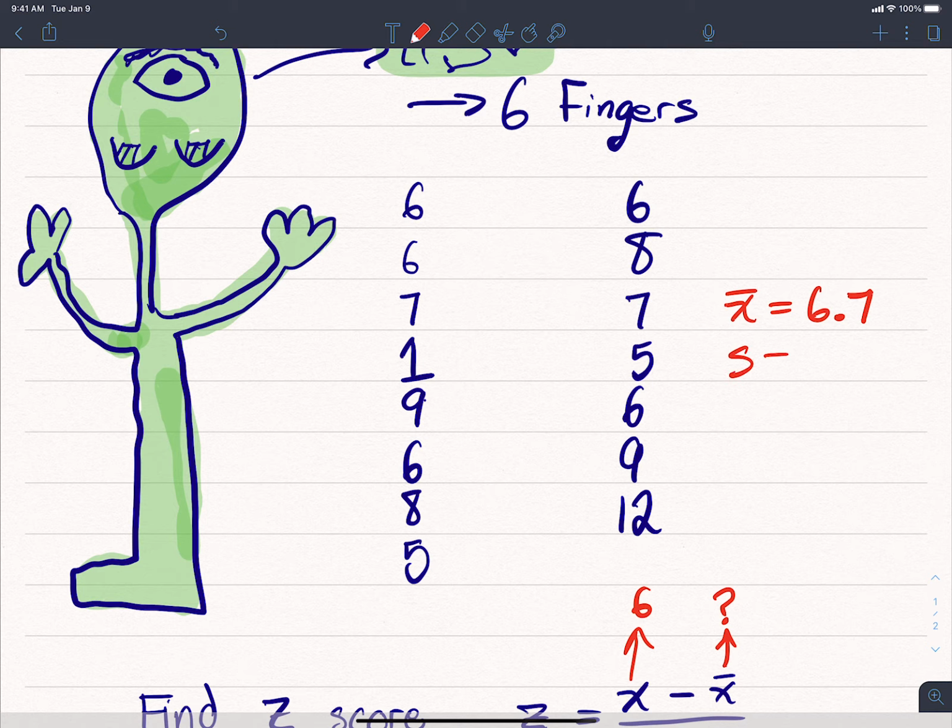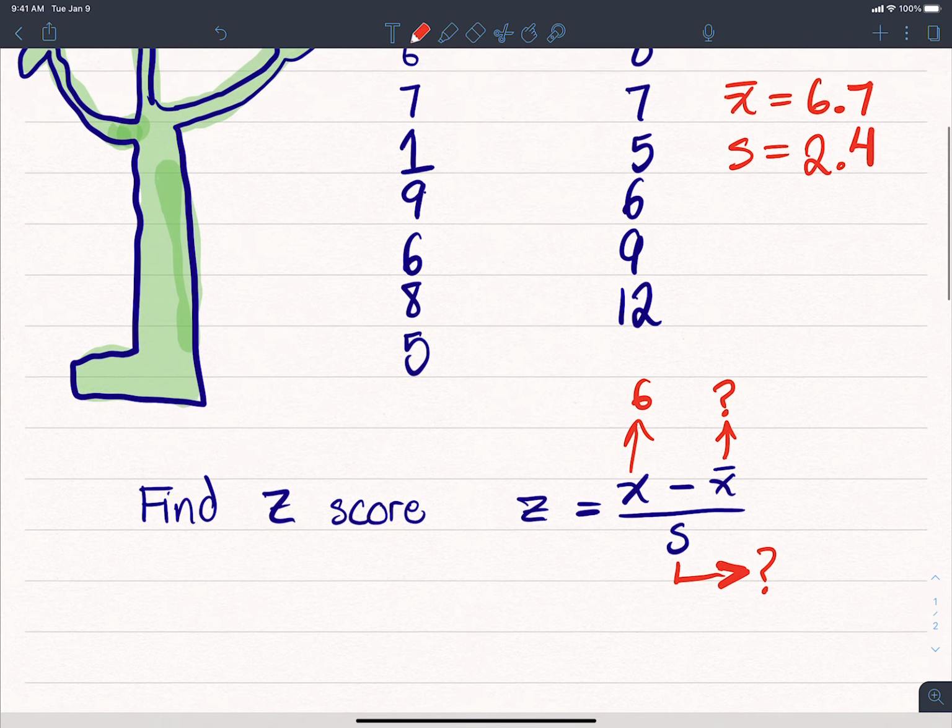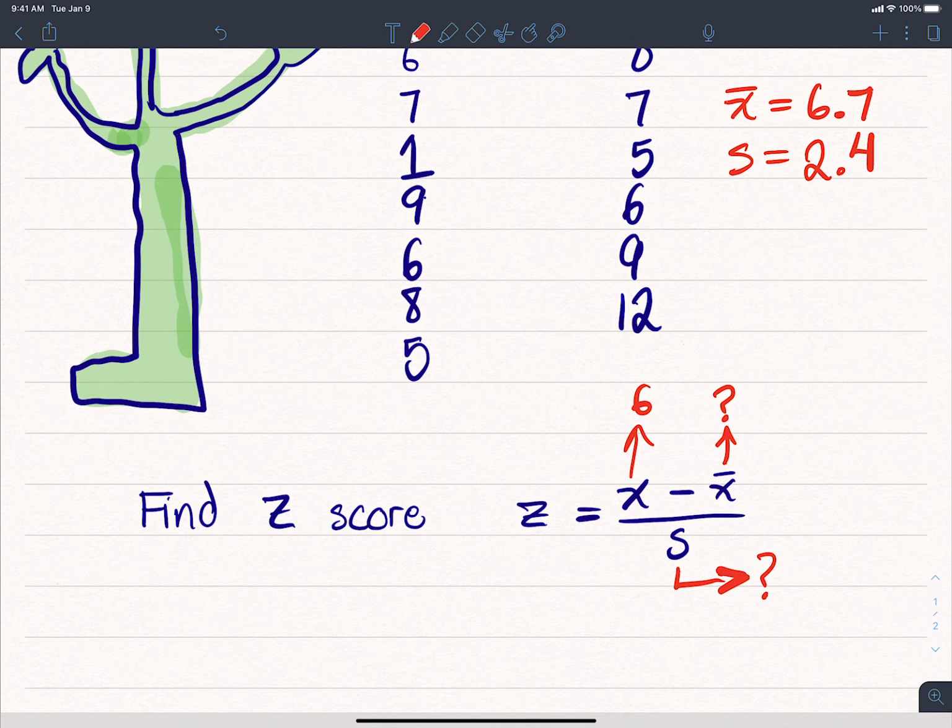So s equals 2.4. That's good. Now we can find our z-score. That'll tell us exactly how many standard deviations we are away from the mean.